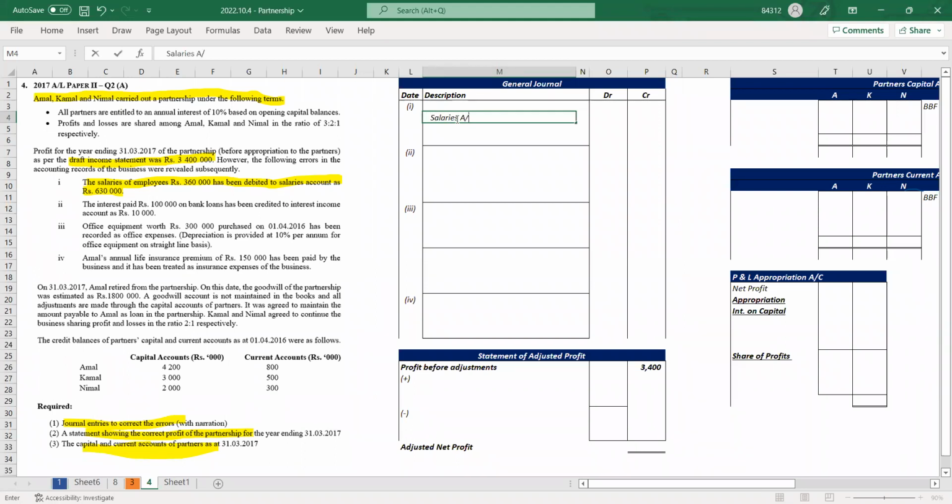How much is the difference? 630 minus 360 is 270. And suspense account, because the other accounts are correct. Therefore, we have to debit the suspense account by 270. Narration, you can write: correction of salaries 360 debited to salaries account as 630.